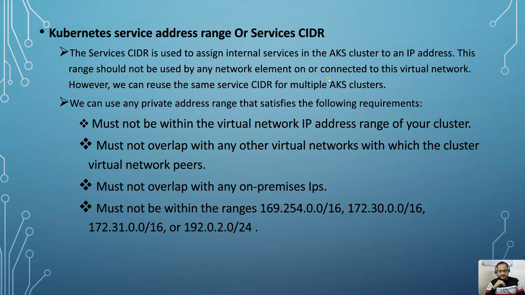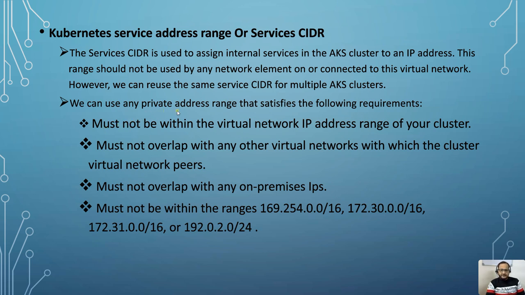Suppose we have two AKS clusters, we can use the same service CIDR, for example 10.0.0.1/something. If you want to use the same IP range as service CIDR for another cluster as well, then you can use that.